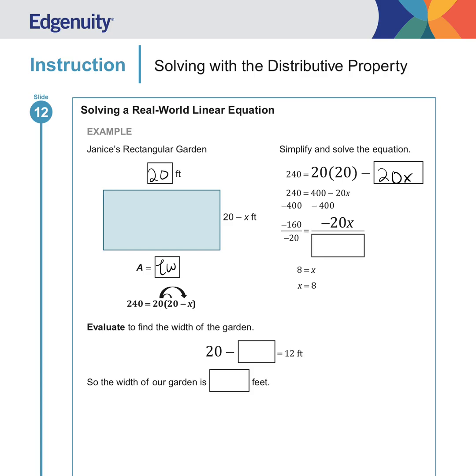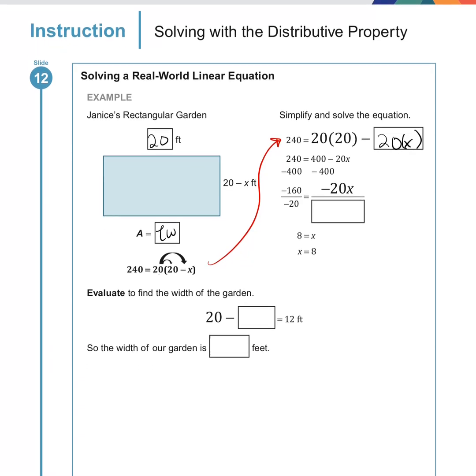They already did the distribution down here, and they carried it up over here. Right, 20 times 20, and then 20 times x, which is just 20x. If you want to put in the parentheses, we can. And that gives me the same thing we did, right? 400 minus 20x. I subtract 400 to both sides.